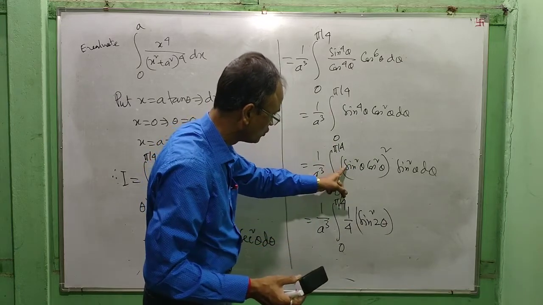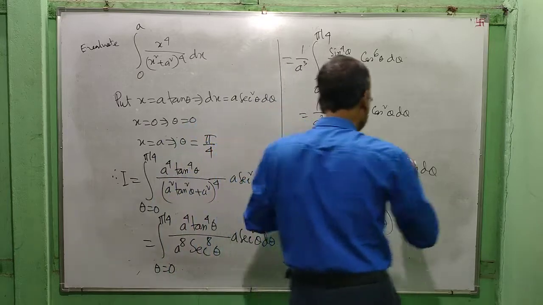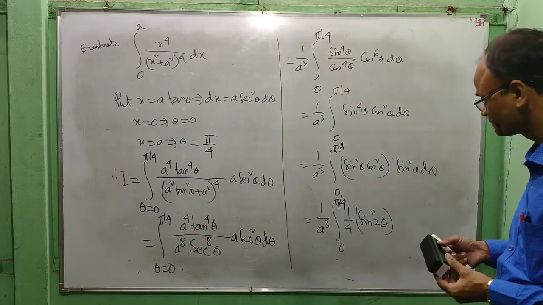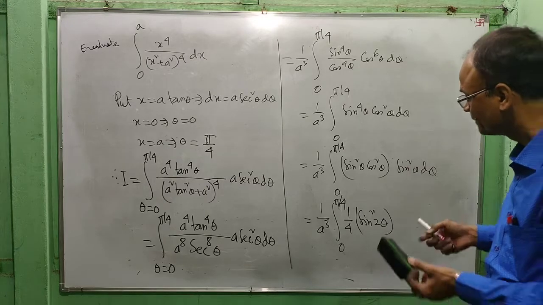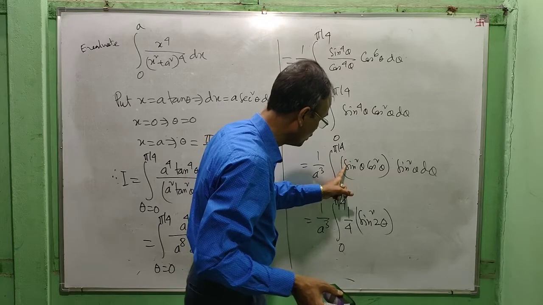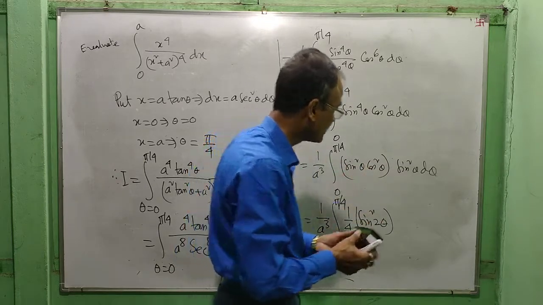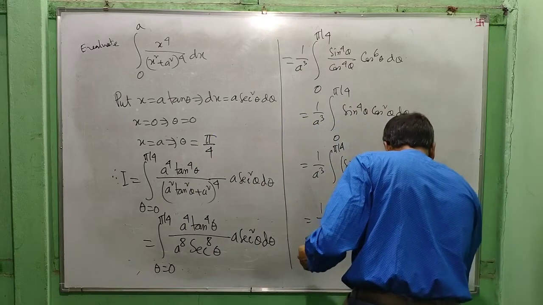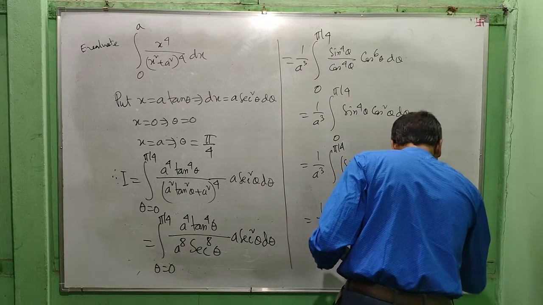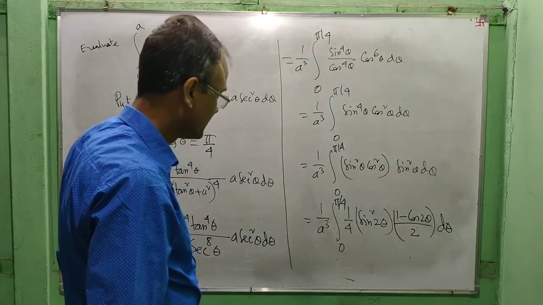Sine square theta cos square theta into this, 1 by 4 into 2 sine theta cos theta whole square means sine twice theta whole square. For sine square twice theta, you may write 1 minus cos 2 theta divided by 2.